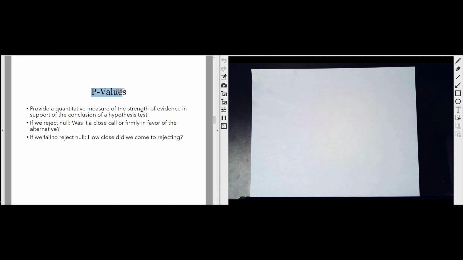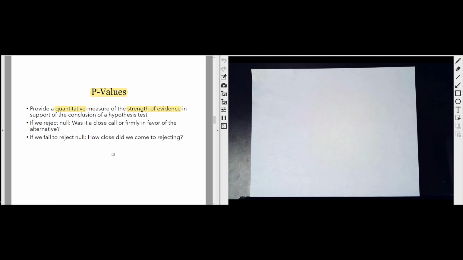Okay, well, next we're going to take a look at p-values. This gives us a quantitative way of measuring the strength of evidence to support our conclusion about a hypothesis test, whether to reject the null hypothesis or fail to reject.